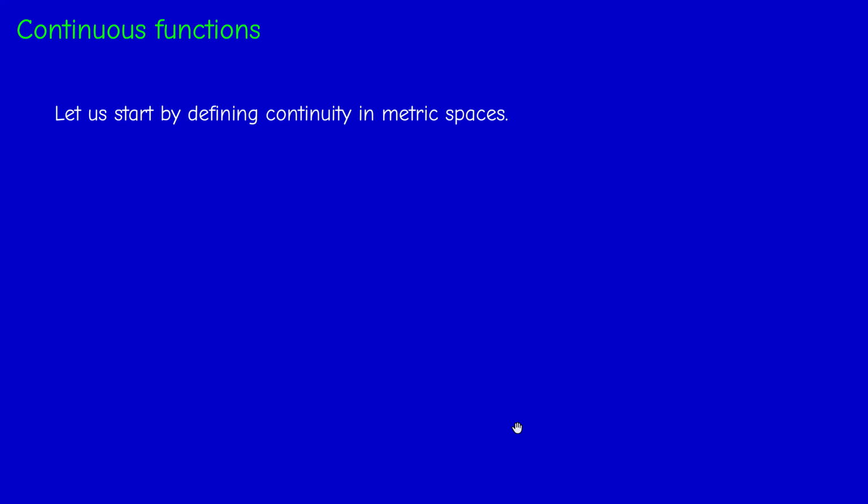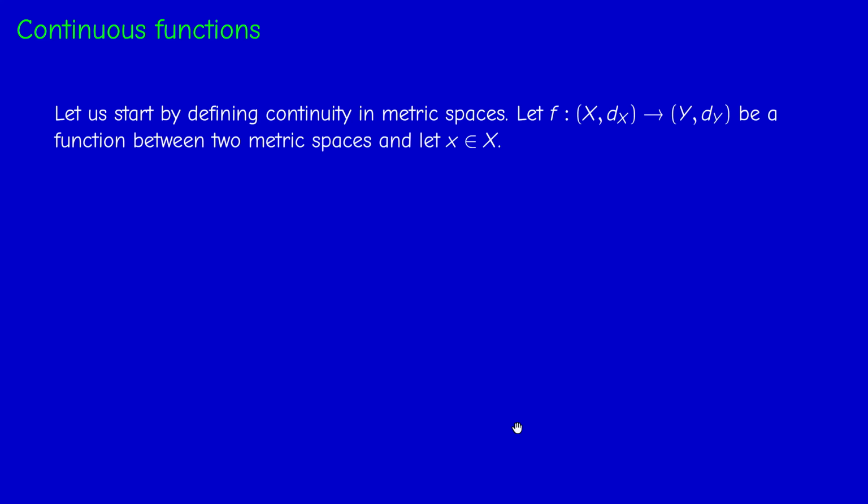Now we move to the very important notion of continuous functions. So as usual, let us revisit the condition of continuity in metric spaces, and then we will find a definition that works in a general topological space.